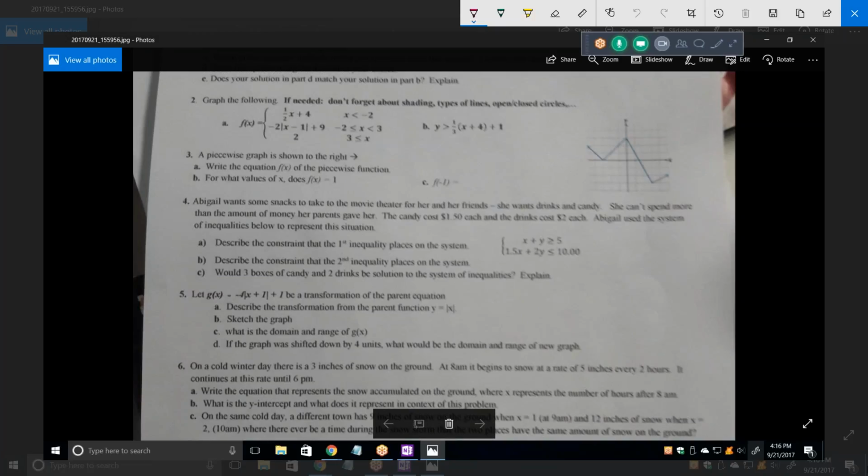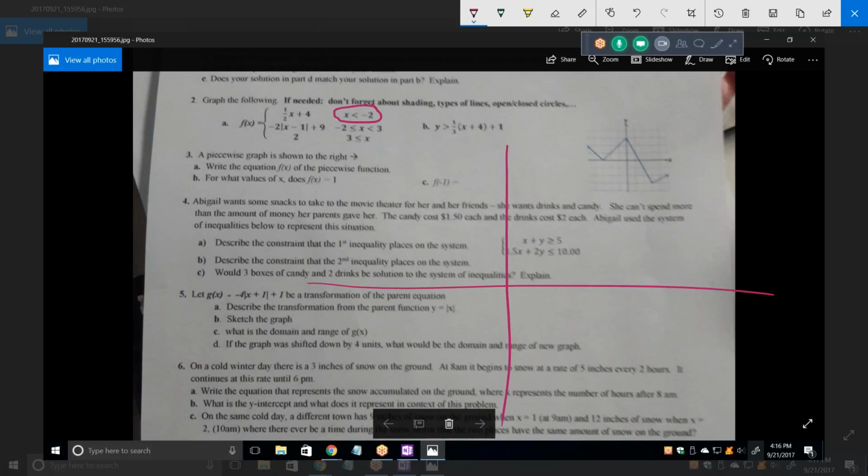When you are graphing a piecewise function, which is what A is, the way you want to do it is the following. Let me do it conceptually for you first. Start right there, always.